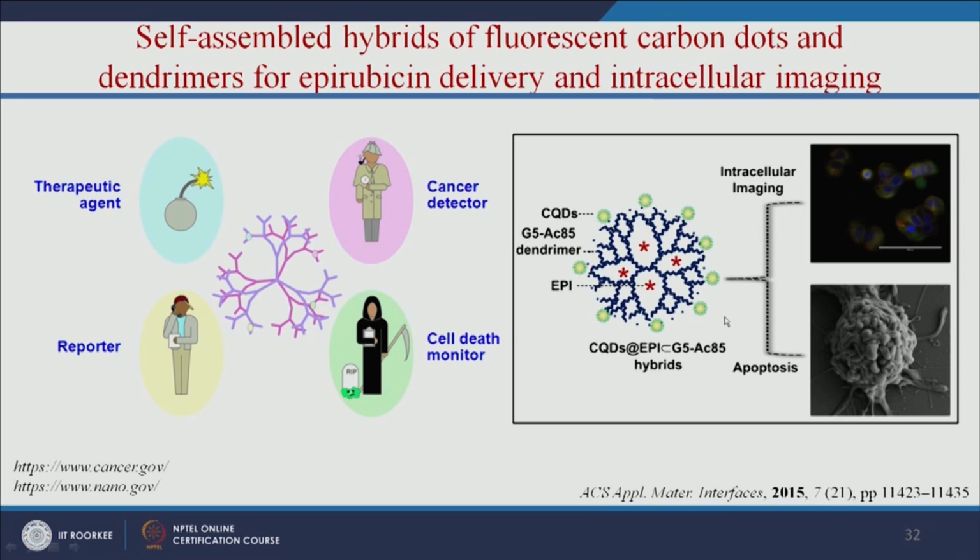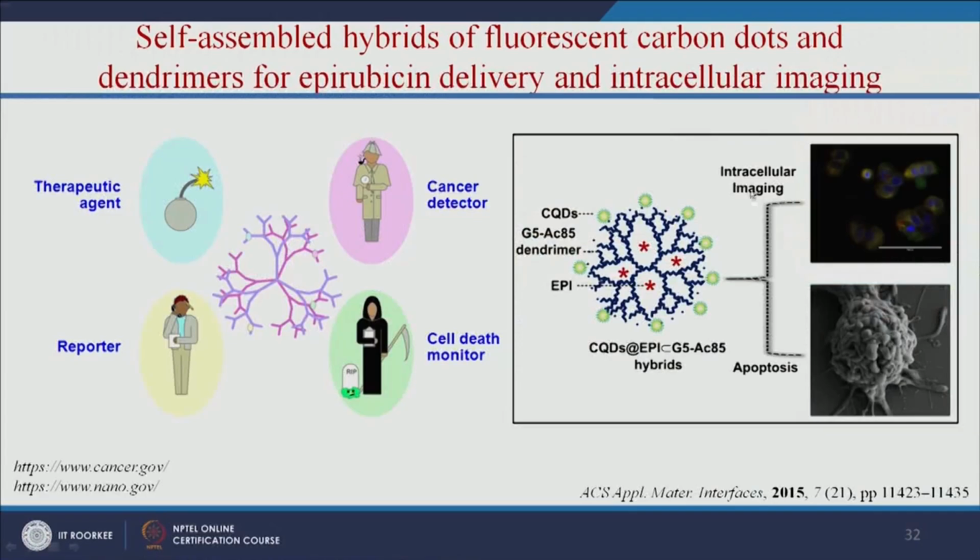So we can easily monitor the delivery of this drug, as well as the nanoparticle uptake by the cancer cells. So we can use it for intracellular imaging, and also for studying cellular death, okay. So how this anti-cancer drug is inducing apoptosis in the cancer cells.